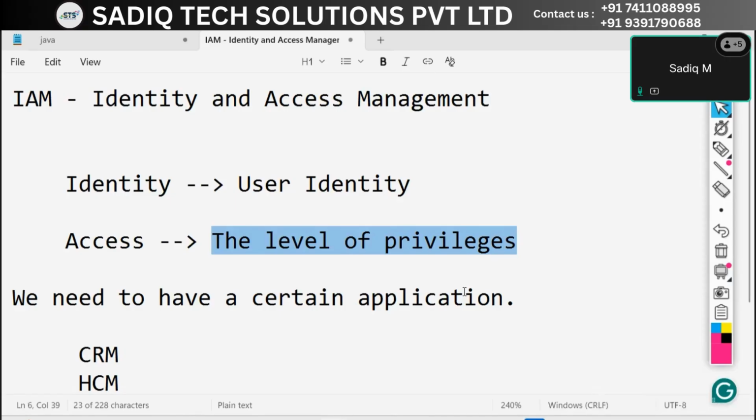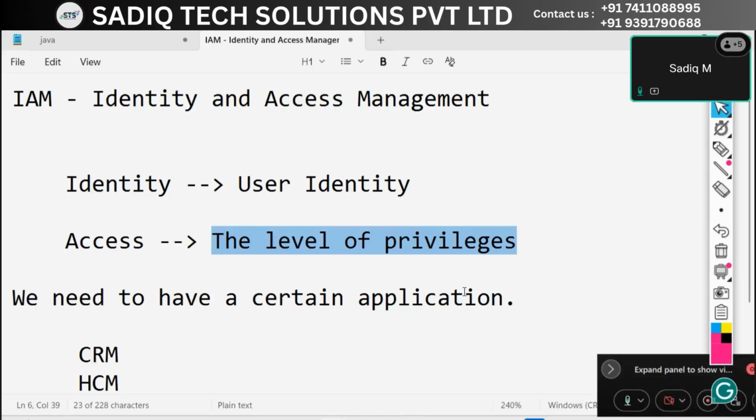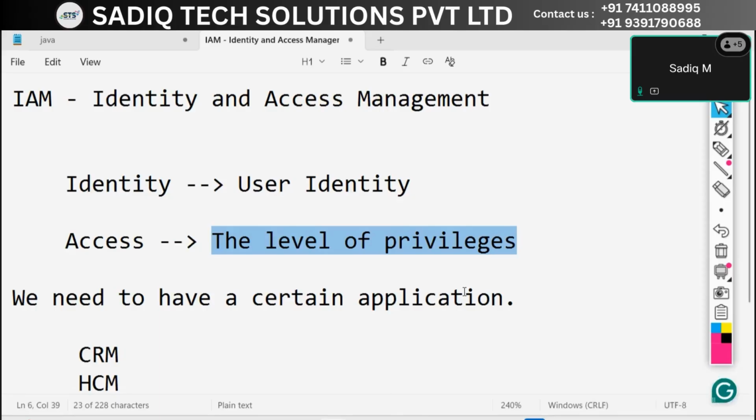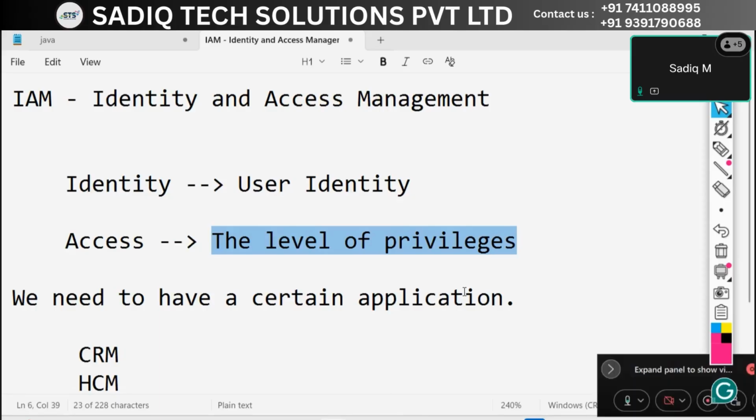But a nurse can only view the patient records. She can't update the patient records. That is the level of access that we are restricting. And a receptionist, at max, can book an appointment with the doctor. That is the only access that we are providing.